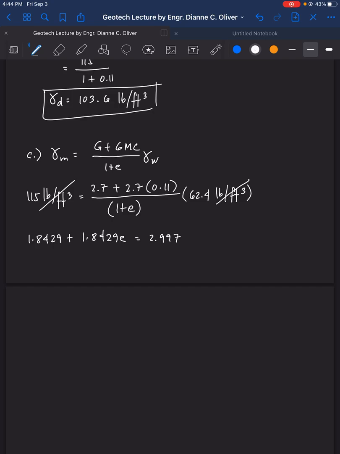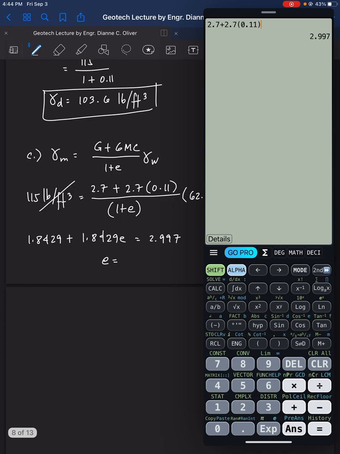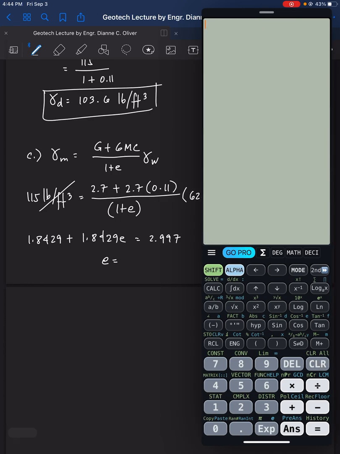So E now is equal to 2.997 minus 1.8429 equals 1.1541, divided by 1.8429. So the answer for E is 0.6262.